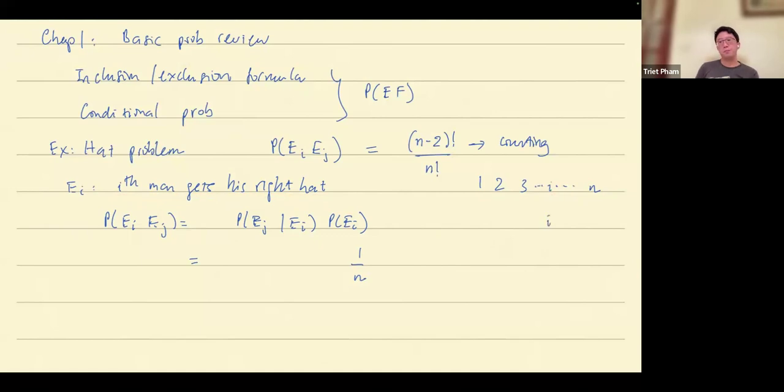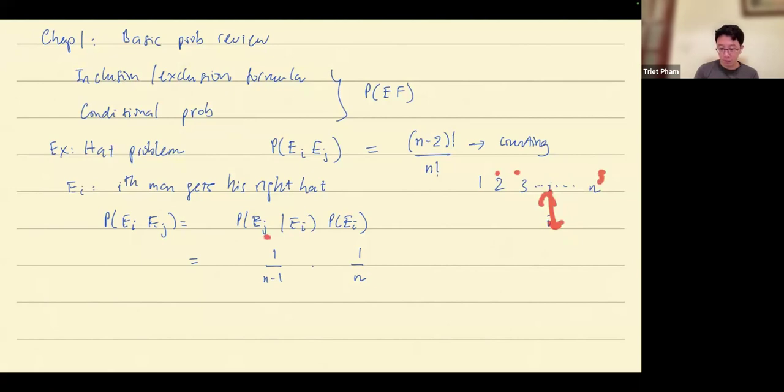It's correct. So if the ith person already gets his right hat, then the jth person getting his right hat, given that the ith position is already correct, clearly must be 1 over n minus 1, because this is already matched up.